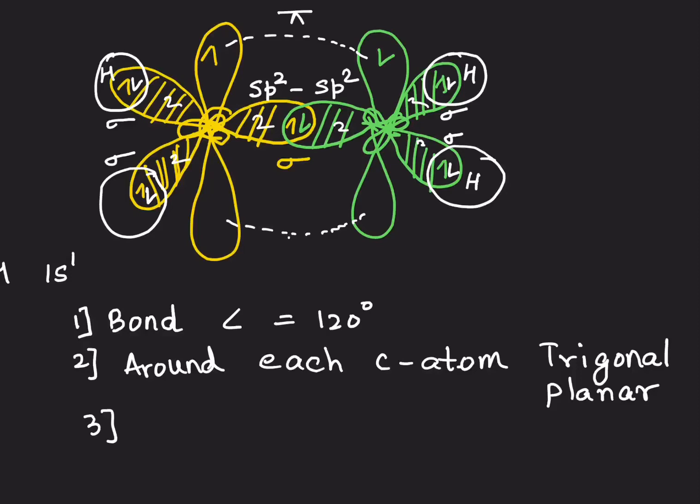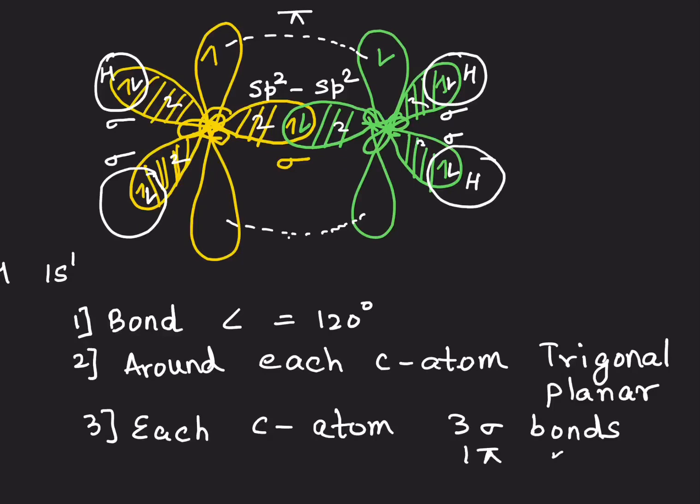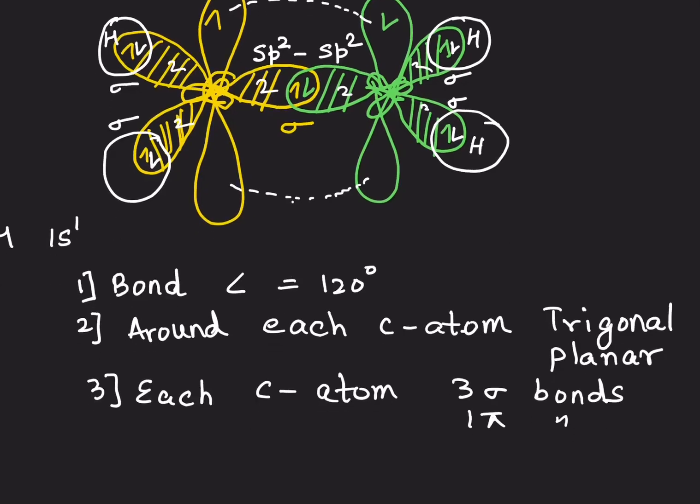Okay. Each carbon atom undergoes how many sigma bond formations? It's not 5. I am talking about each carbon atom. Each carbon atom is undergoing only 3 sigma bonds, right? And how many pi bonds? 1 pi bond.